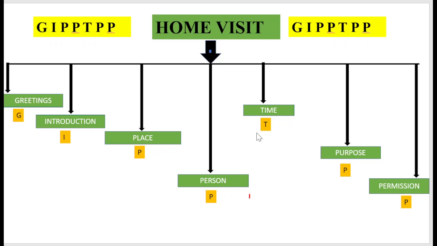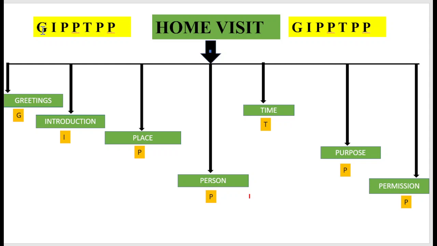But time, the purpose of the visit and permission should be there in the known case. These 3 things and greetings should be there. You can exclude the other things, but if it is unknown, you need to keep all 7 steps. Mostly in a home visit, it will be the unknown case.